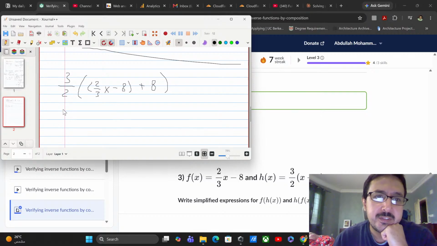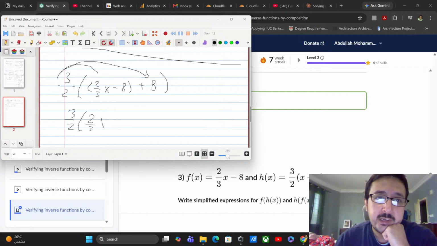It's not going to be the same, because this has to be multiplied here and here. So what are we left with? 3 over 8 over 2 over 3x minus 8 plus 3 over 2 multiplied by 8.